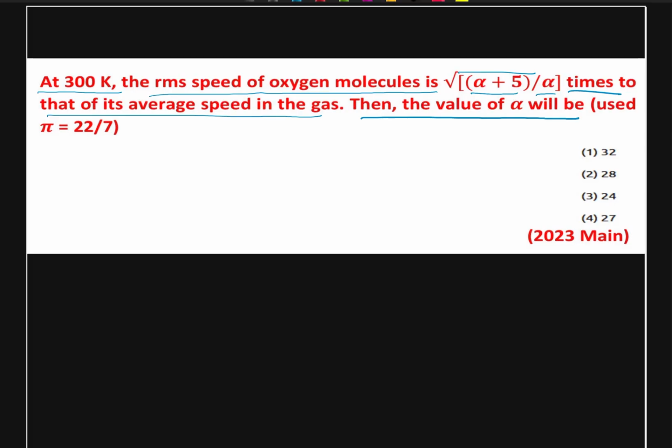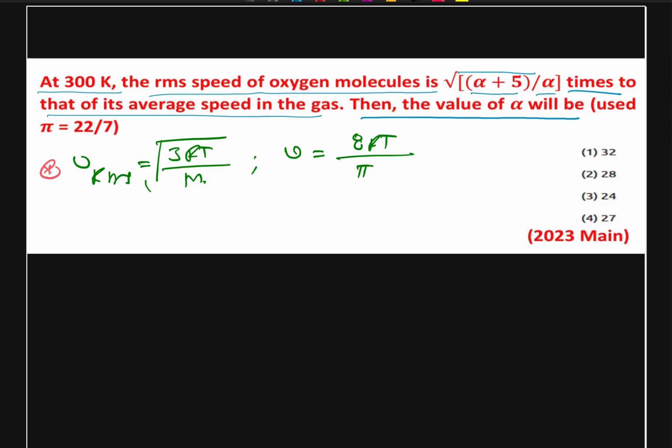In this case we are going to use the formula that V_rms is equal to the square root of 3RT upon m, and the average speed, V, is equal to the square root of 8RT divided by pi times m.